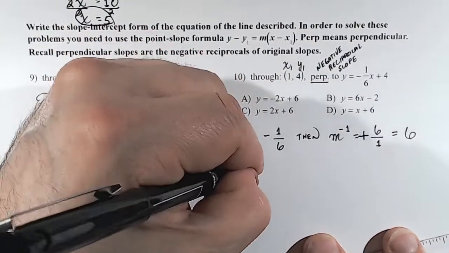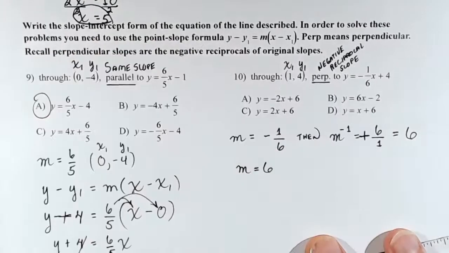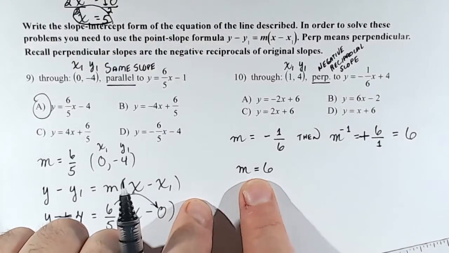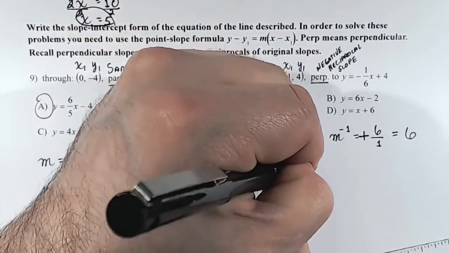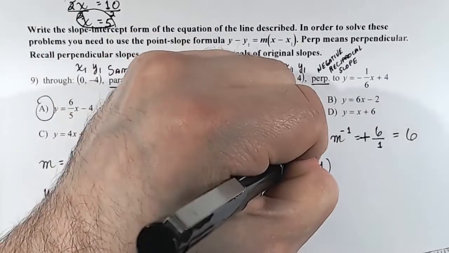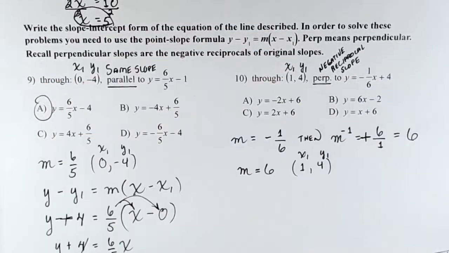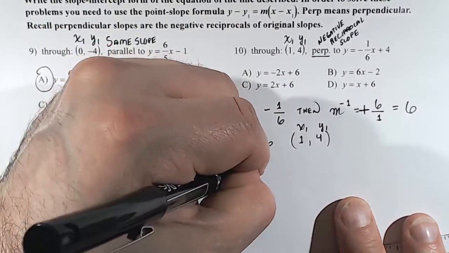Well, now I just want to find the equation of a line with a slope of 6 passing through these coordinates, 1, 4, which we identified as x1 and y1. I use the point slope formula.